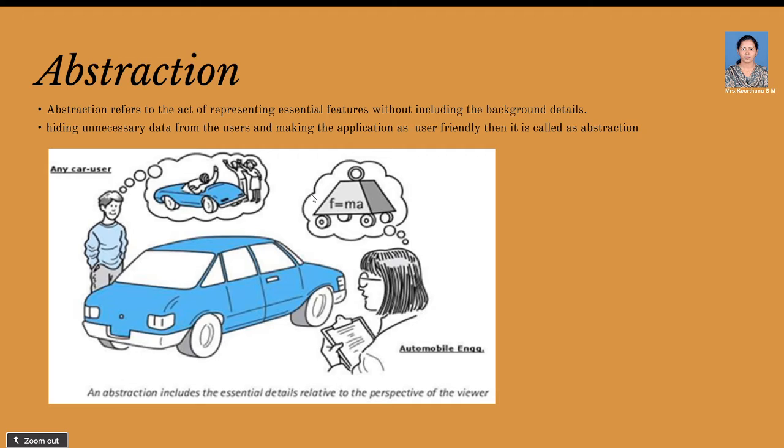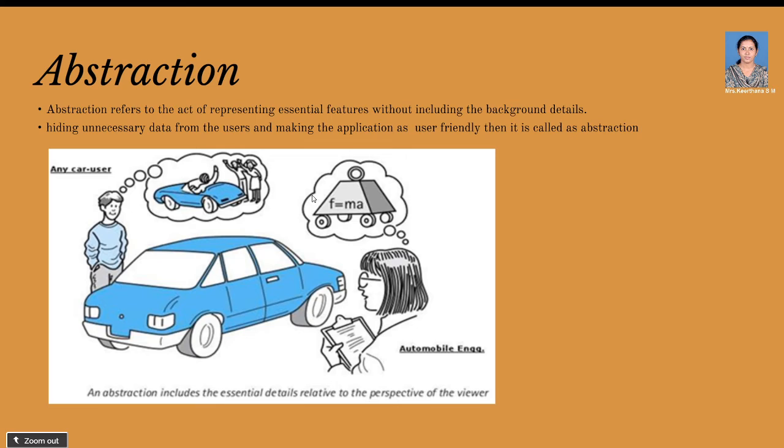For example, consider the picture given. Here we have two persons in the picture and a car. The first one, the boy, looks at the car, he gets the color, and he is thinking about how to drive a car, how the feel will be. Whereas on the opposite side we have an automobile engineer. He is going to design the wheel, the brake system and all the controls in it.